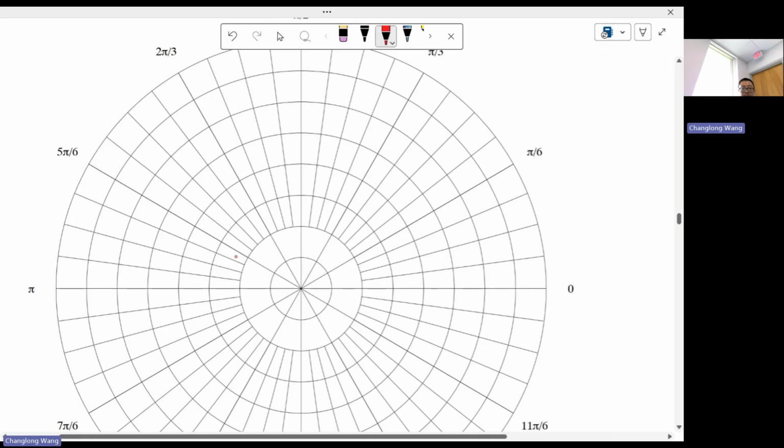All right, so I'm going to start from the pole and go to the right along the polar axis: 1, 2, 3, 4, 5. Now I'm looking at the circle this big. So I need to go to pi over 4, which by the way is 45 degrees, right in the middle between pi over 6 and pi over 3. So this is pi over 4.